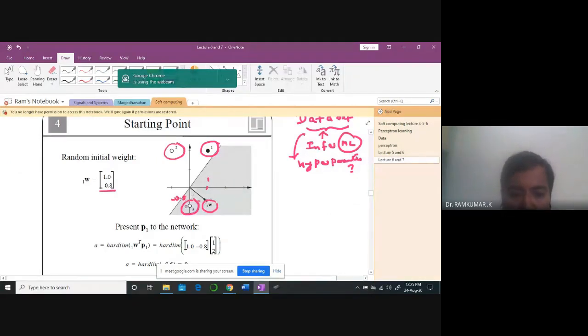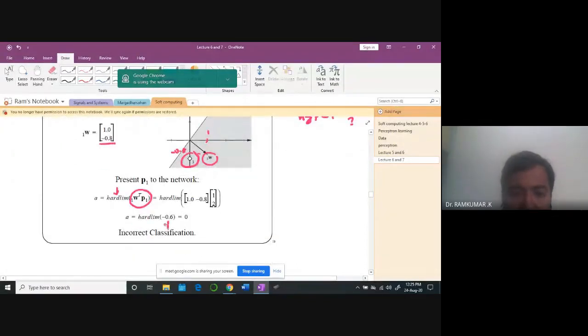Now what I'm doing is passing it through a hard limiter function. I take the dot product, W transpose P1. So what do I get? W transpose P1 through the hard limiter function is minus 0.6.